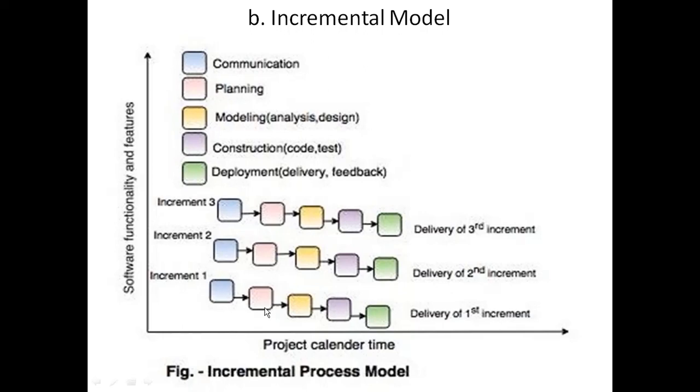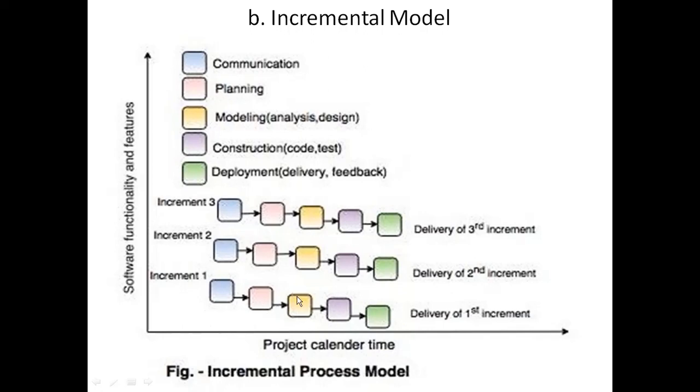Then, without disturbing the ongoing process, we start the second process from communication, taking the missed or misplaced requirements, and start the second increment, the second development version of the product. For example, now we are at the planning phase, and as we have found that there are some drops or misses in the first, communication phase, we have included them in increment 2 without disturbing this process.